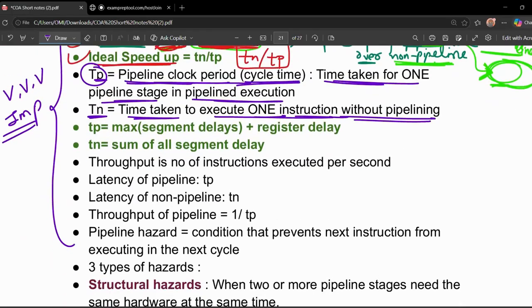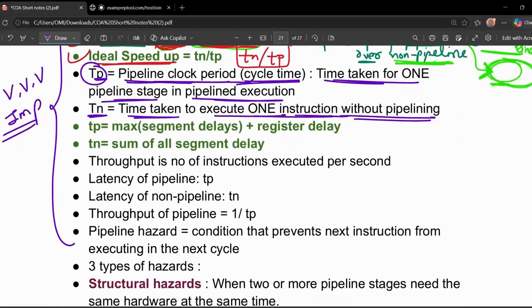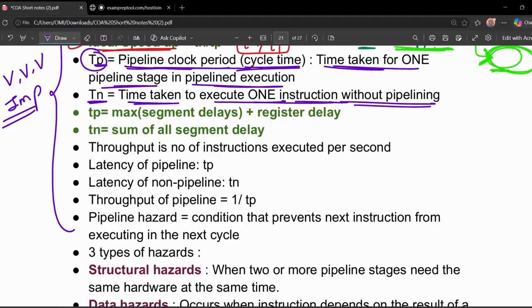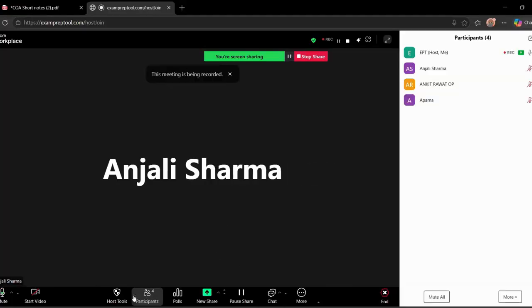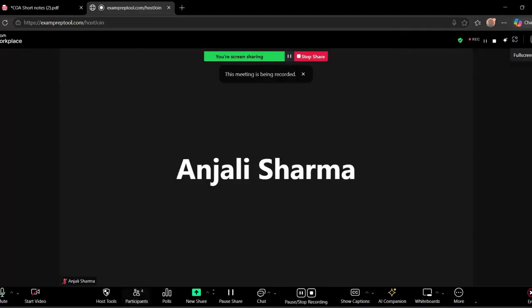Now, proceeding further, what are the Tp and Tn in the case of different stages?